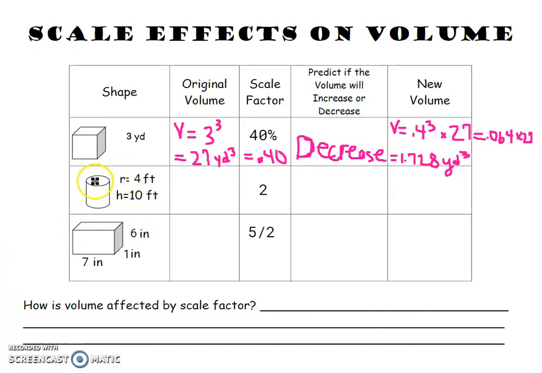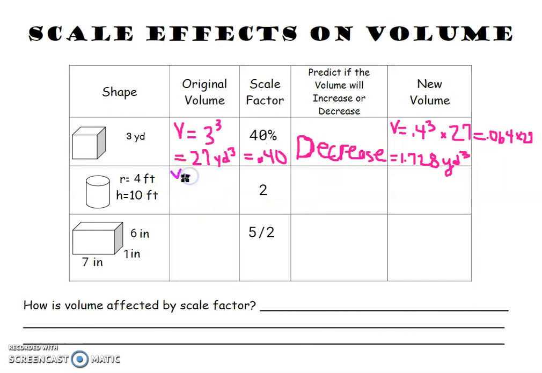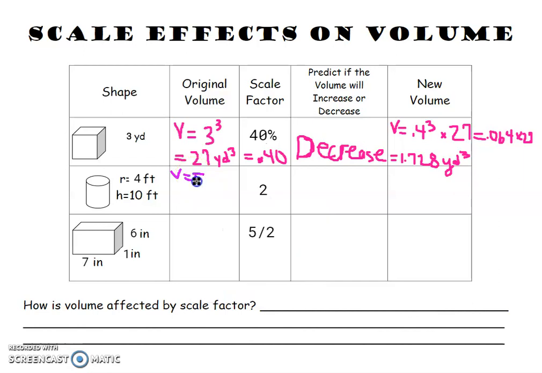Okay, let's pick a new color. This is a cylinder, so the volume is going to be the area of the base times the height. The area of a circle is pi r squared, so pi, r is our radius, 4 squared, times the height, which is 10. 4 times 4 is 16. 16 times 10 is 160.